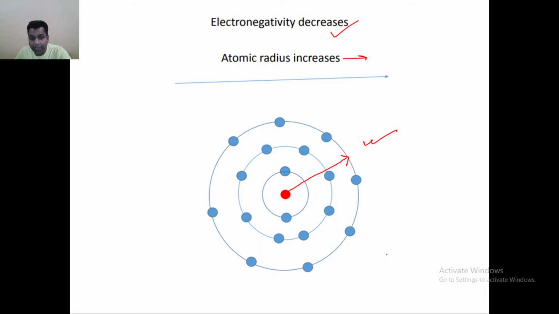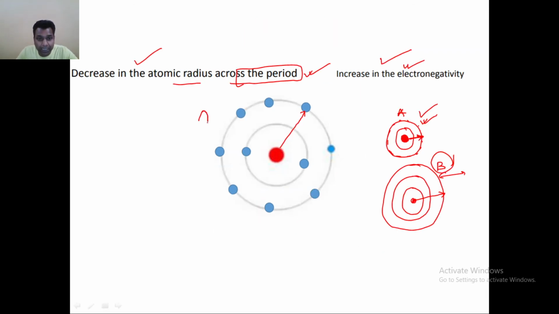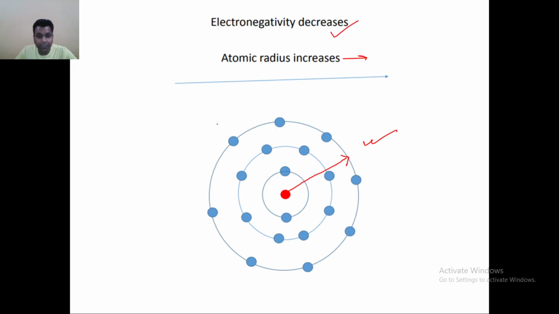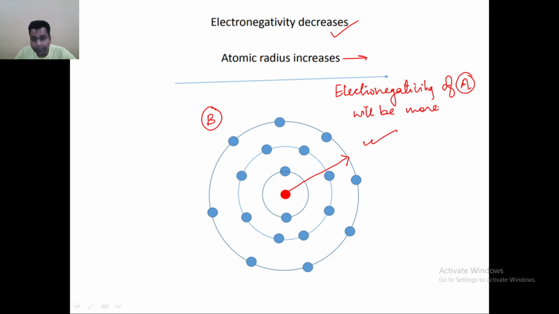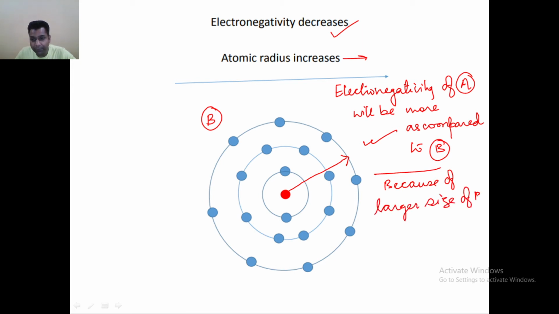If you compare atom A and atom B, let me write down, the electronegativity of A will be more as compared to B. Why? Because of the larger size of B.